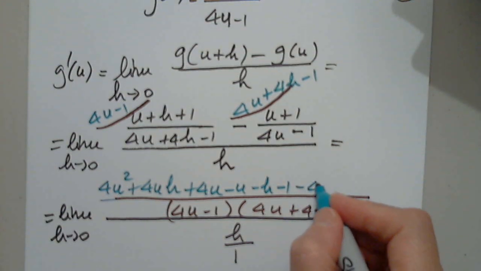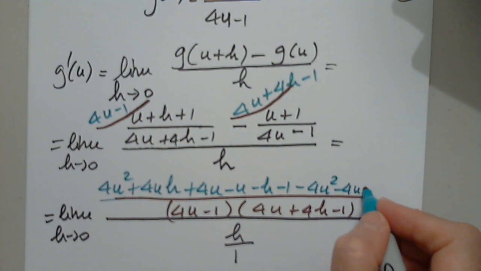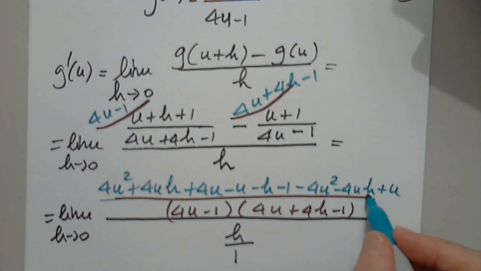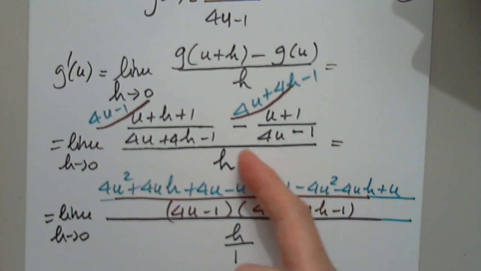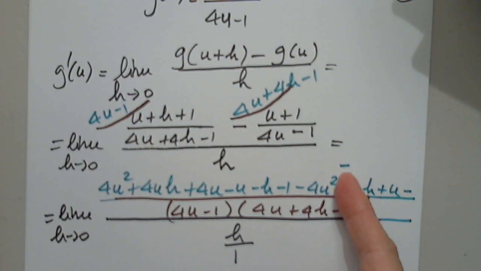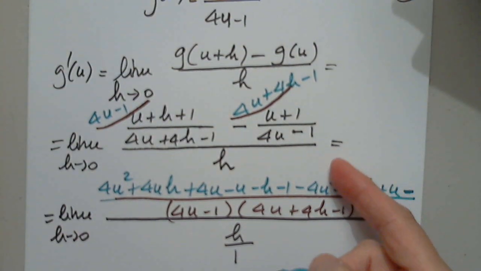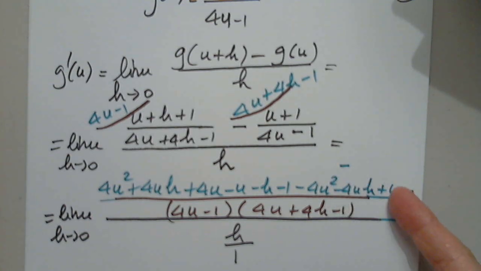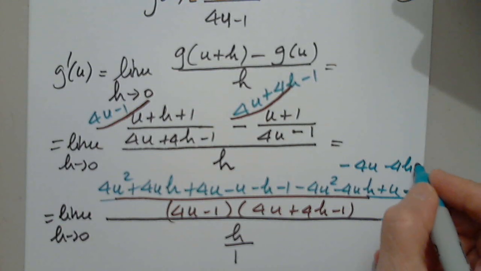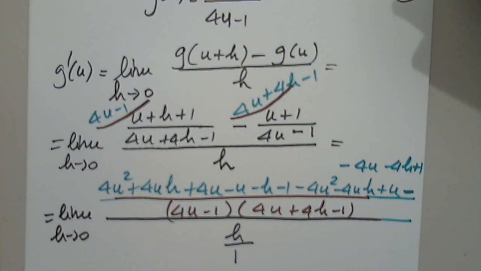So minus 4u squared minus 4uh, but plus u, and then minus 4u minus 4h plus 1. There are no two minuses, it just says follow the symbol. Sorry about that.